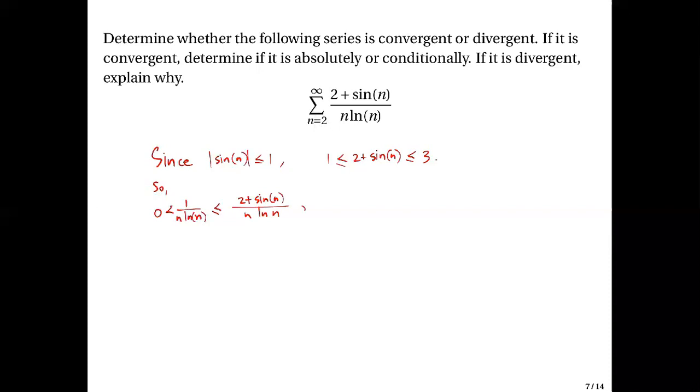So let us write that for n greater than or equal to 2. Now we show that the series n from 2 to plus infinity of 1 over n ln of n is divergent.